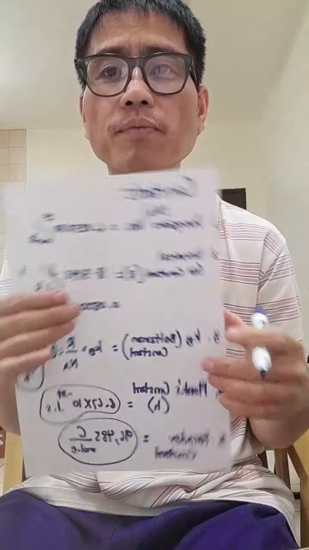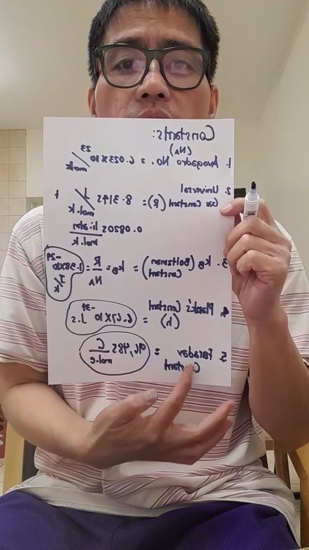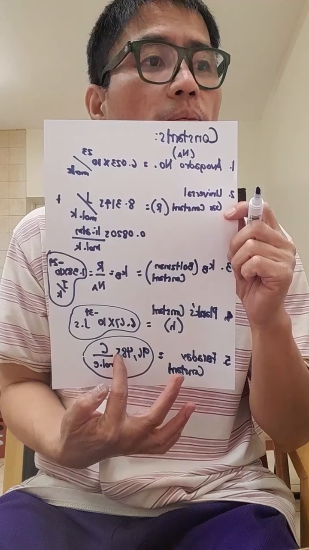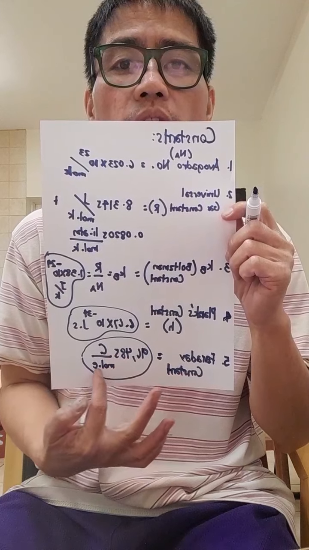So this is the Faraday constant, 96,485 coulomb per mole of electrons. Okay, number 6.